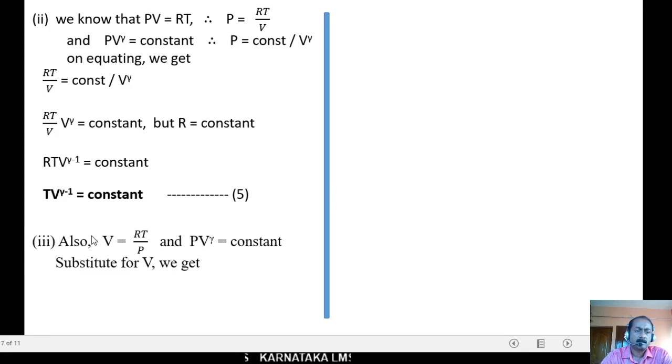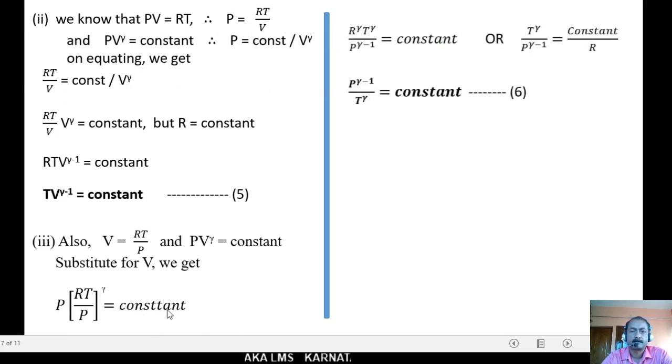Let us see another equation relating to adiabatic. We know that V equals RT by P and P into V to the power gamma equals constant. Substituting for volume V, we get P into RT divided by P, whole to the power gamma, equals constant.